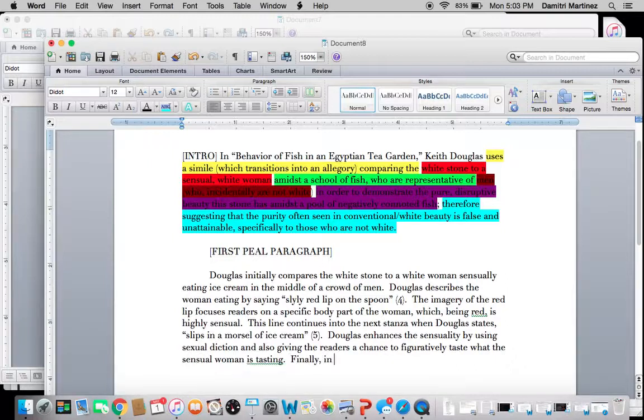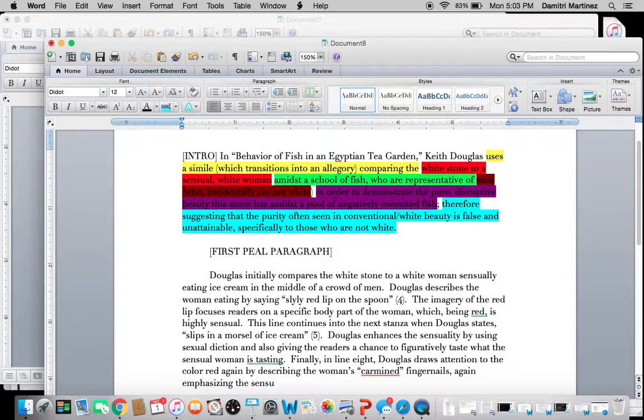Okay, last line I want to analyze. Finally, in line 8, Douglas draws attention to the color red again by describing the woman's carmined fingernails, again emphasizing the sensuality of color and body, especially juxtaposing the color red with the milky white of the woman's skin.